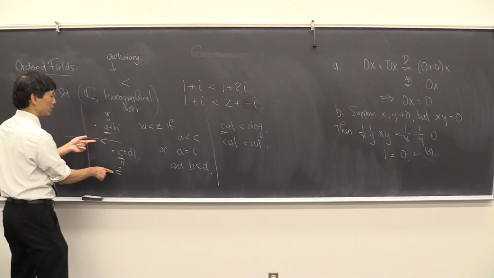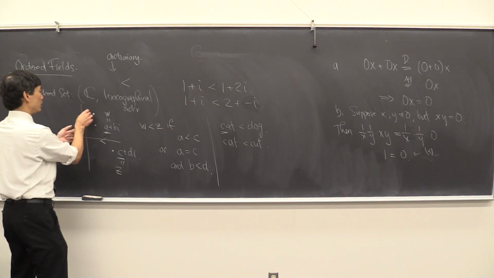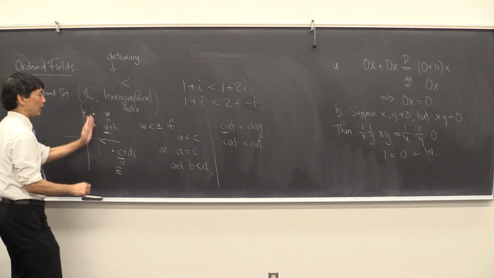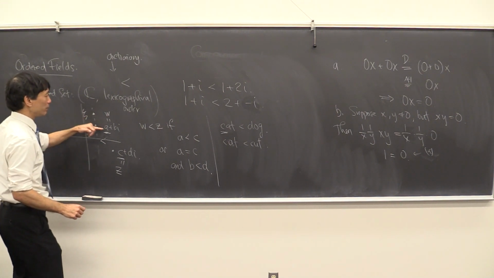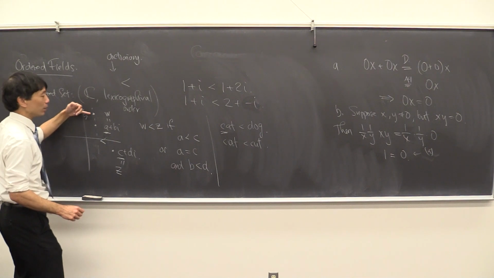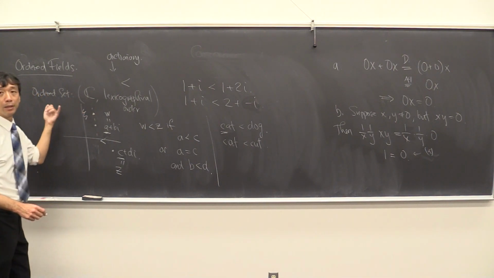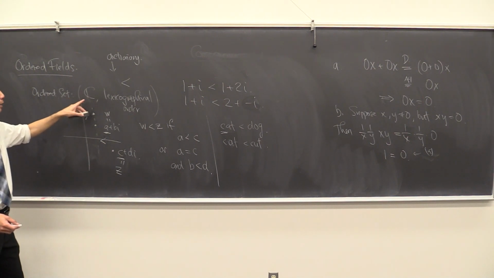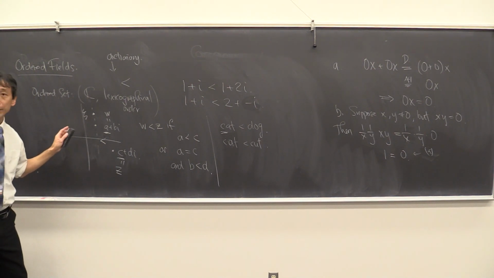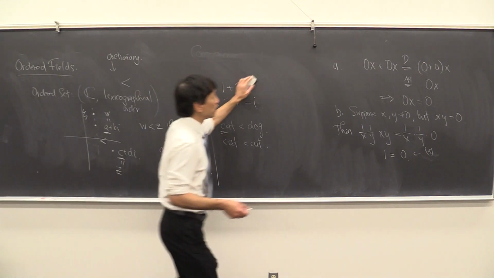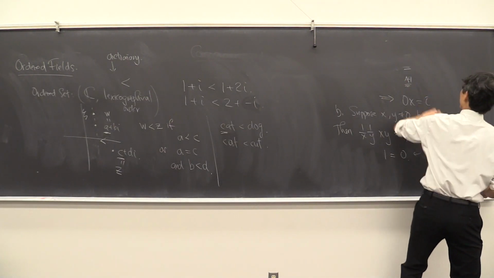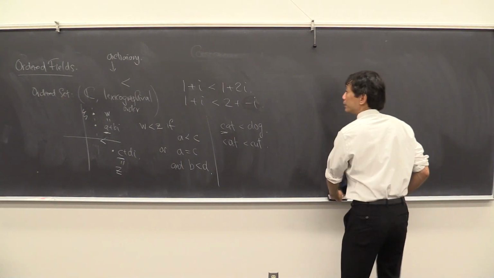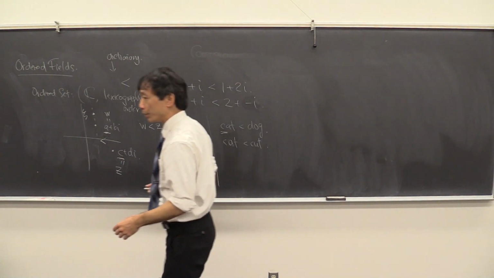So this W is less than Z. Let me introduce another one, zeta. W is less than zeta because they have the same real value, but the imaginary value is bigger for zeta. Okay. So that's lexicographical order on the complex numbers. Okay? That's sometimes useful to know. Okay, so now we're talking about ordered fields.